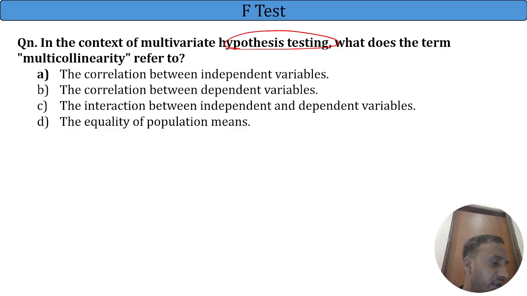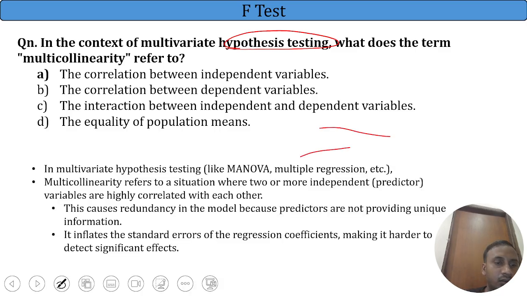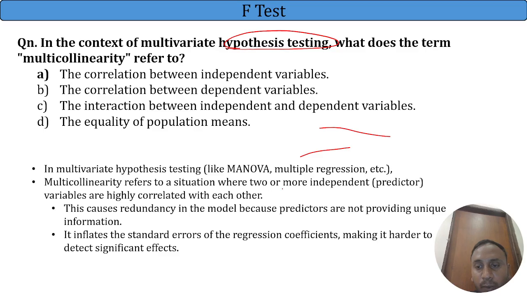The correlation coefficient is not going to be the covariance between the independent variables. So in multivariate hypothesis testing, multi-collinearity refers to the situation where two or more independent variables are highly correlated with each other.